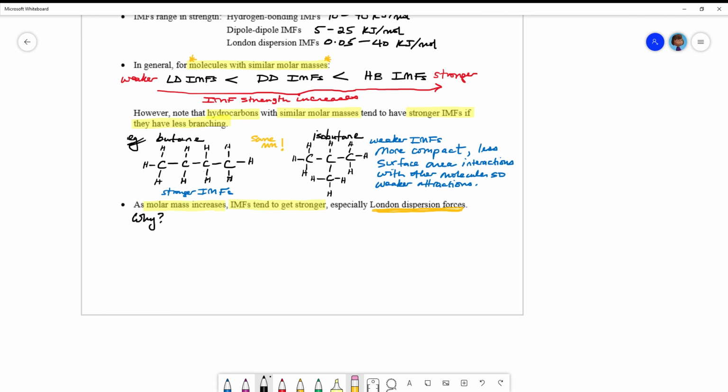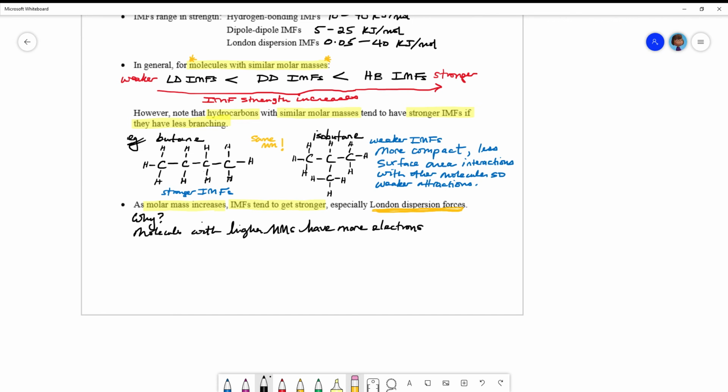Well, the answer is simple. Molecules with higher molar masses have more electrons. Okay, there's a correlation. So molecules with higher molar masses have more electrons.